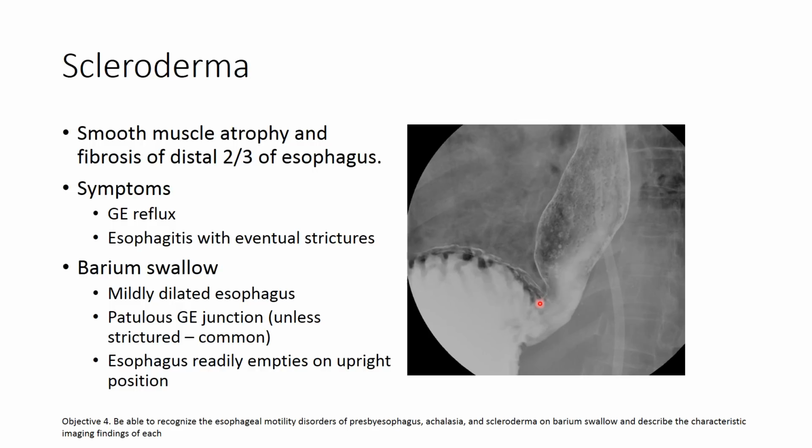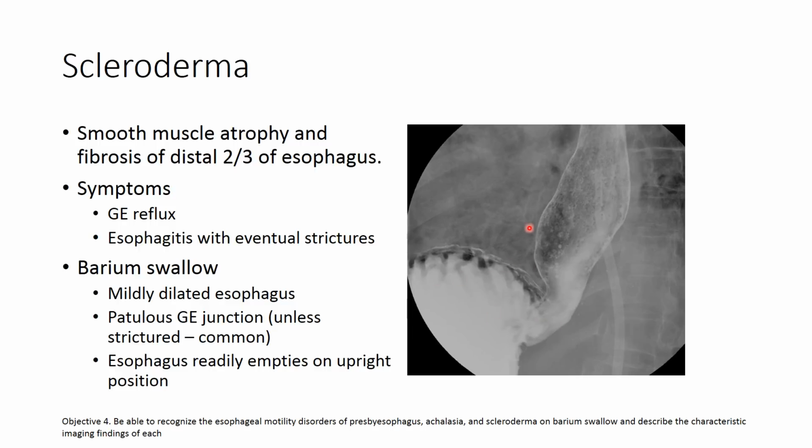Now what can happen, because the sphincter remains open, is you can get a lot of gastroesophageal reflux, which causes scarring of this distal esophagus and can cause what we call stenosis, or narrowing of the distal esophagus due to scarring. And in those cases, it can look a lot like achalasia. On barium swallow, the esophagus may be mildly dilated, but it's usually not so severe as in achalasia.